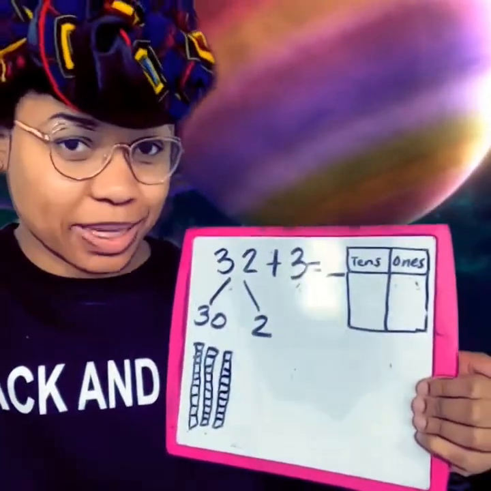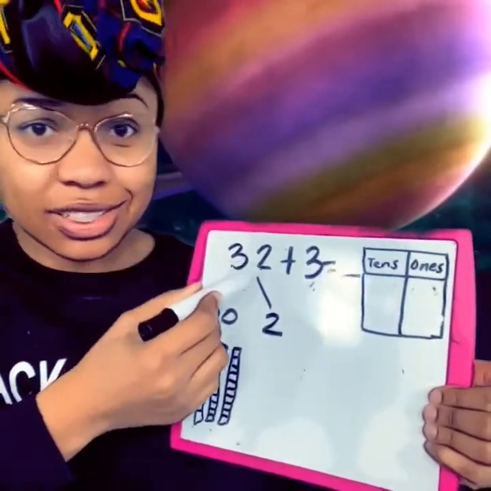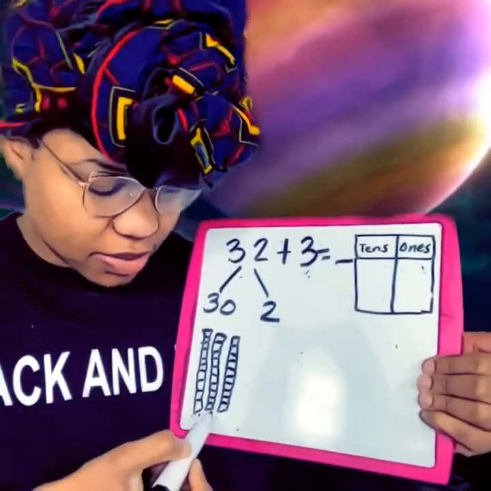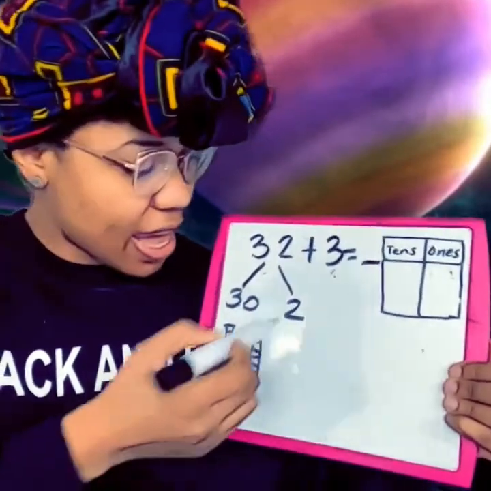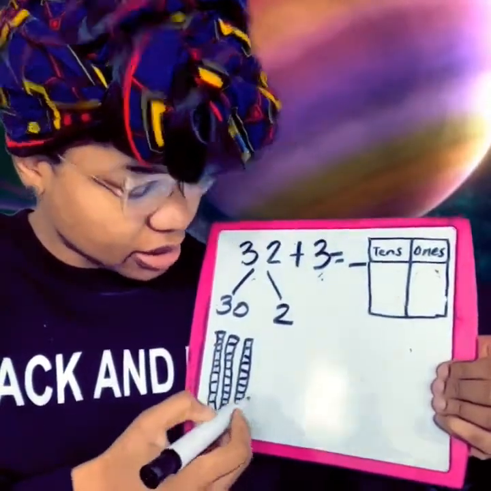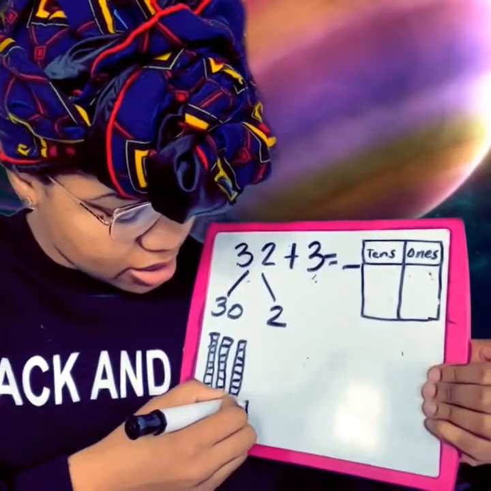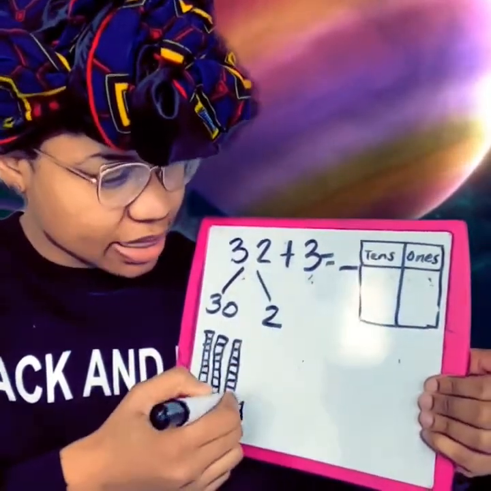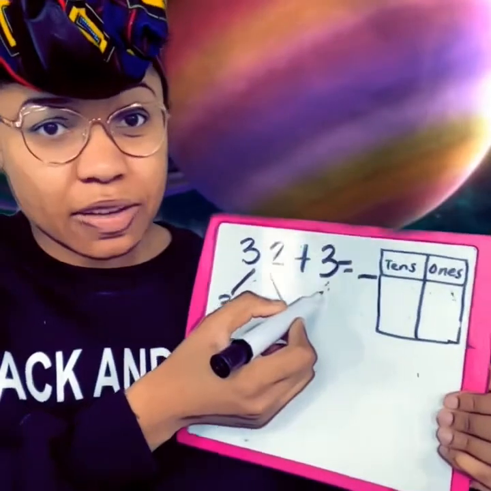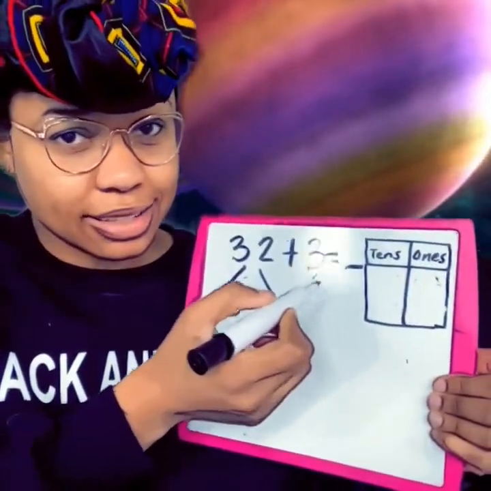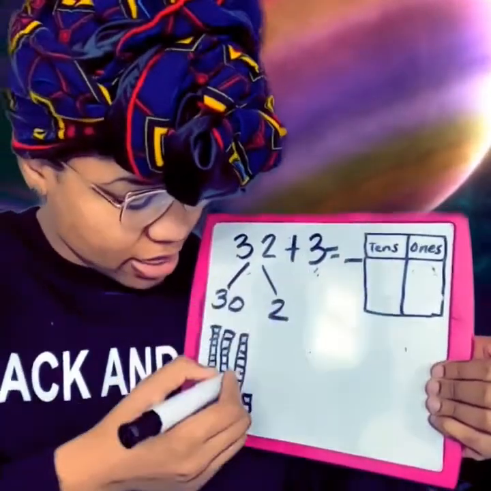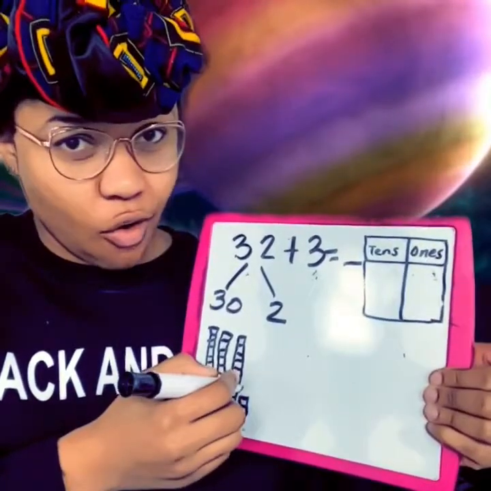But I can't stop there because this number says 32. Right now I just have 10, 20, 30. That's not enough. I have to draw my extra ones, which I'm going to use cubes. 1, 2. So now I have my 2 extra ones. Then I also can't forget my 3 over here. So I'm going to use X's to represent the numeral 3. And I'm just going to stack them on top.